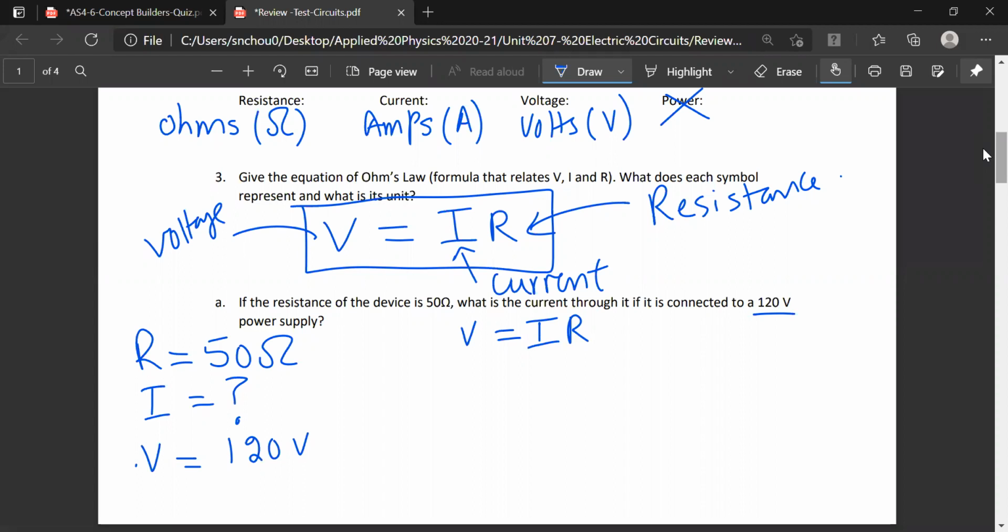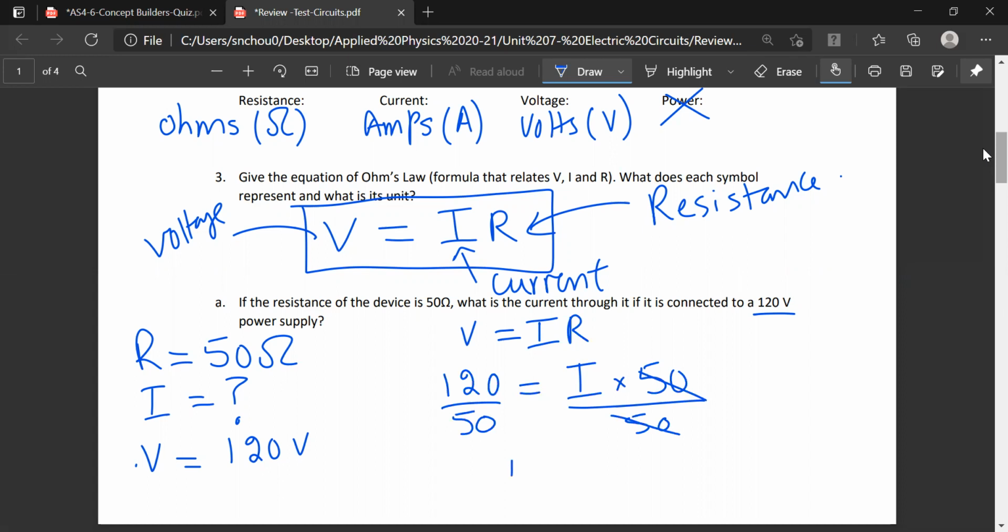So then plug in. Under V, plug in 120. Don't put your units in. Unknown I, just keep it as that. Don't put a question mark for it. Times 50. So all you have to do now is divide both sides by 50 because you're trying to calculate the current. You divide by 50 on both sides. So you have I on one side.